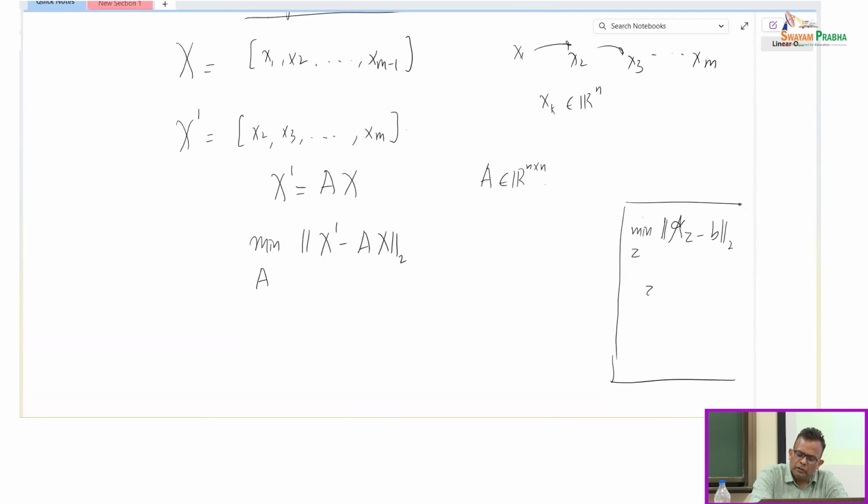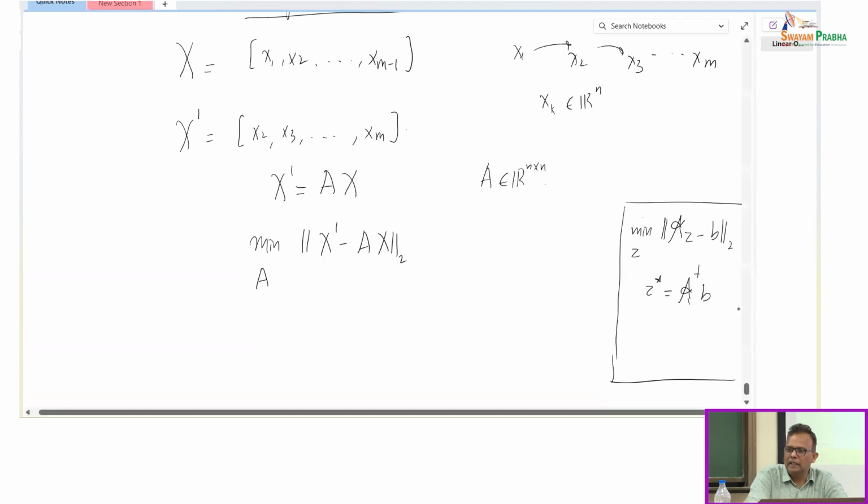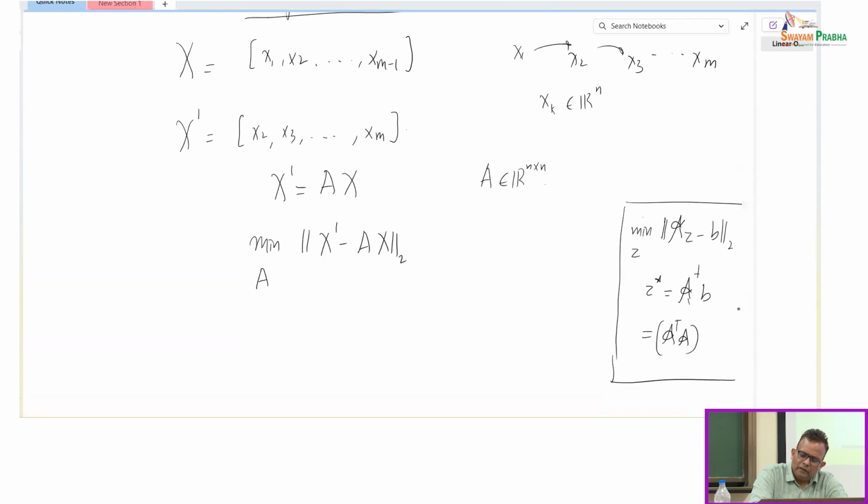Then you write down the solution Z star as the pseudo inverse of A times B. The pseudo inverse is given by (A transpose A) inverse A transpose, so this is your pseudo inverse of A. That's the least square in a nutshell, and that's what we're going to use here. It's just that now your Z is the matrix A itself, or the entries of the matrix A. Your X prime is like B, and your calligraphic A is like your X.